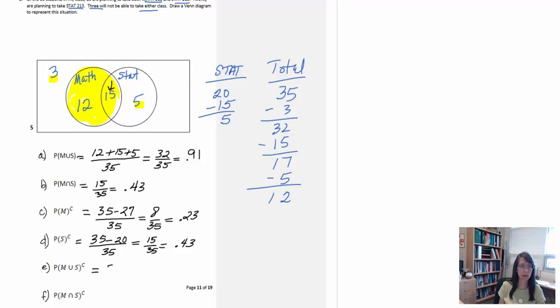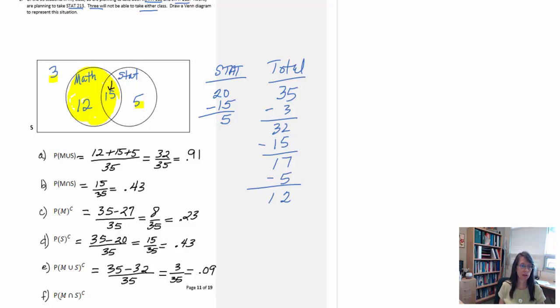So that would mean we're starting with a total of 35, but taking away the union of those two courses. So we're taking away 32 out of the total 35. So that leaves us 3 out of 35. And 3 divided by 35 is 0.09. So just 9% of the students.